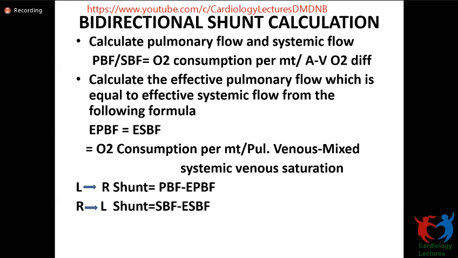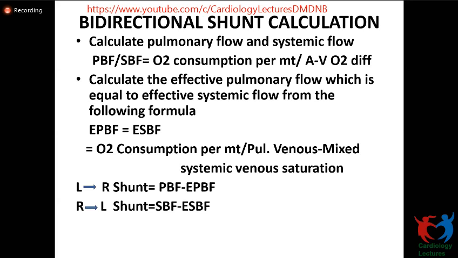And the effective pulmonary blood flow, which is equal to effective systemic blood flow, is calculated from the formula oxygen consumption per minute divided by pulmonary venous minus mixed systemic venous oxygen saturation, converted to ml per liter.